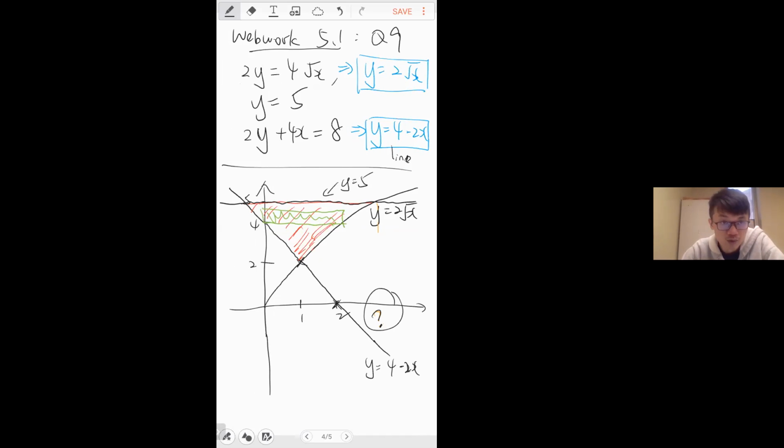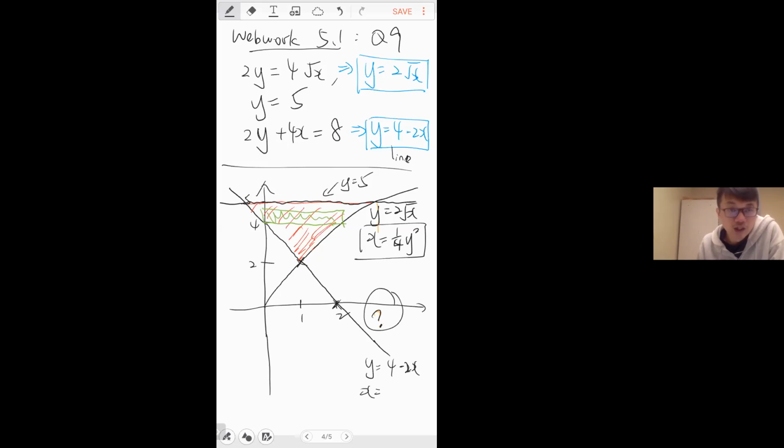For example, the first one, y equals 2 times root x, I need to put x in terms of y. So x equals 1/4 times y squared.